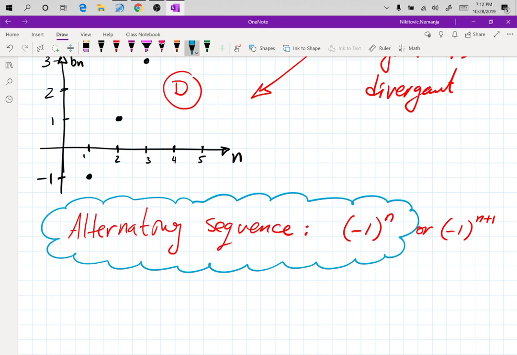It's just this negative 1 to the n. Now, what is negative 1 to the n equal to? Well, if you start counting at 1, it's going to be negative 1, positive 1, negative 1, positive 1, right? And it's going to go to infinity.